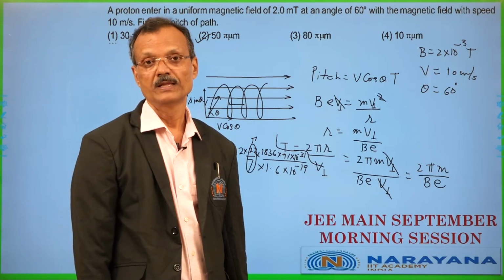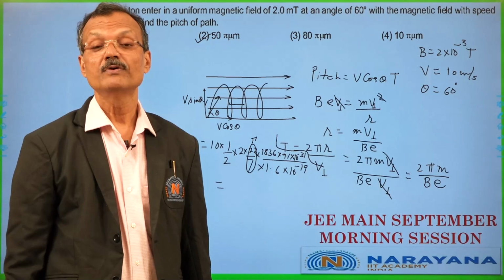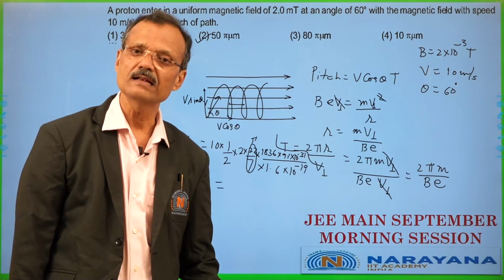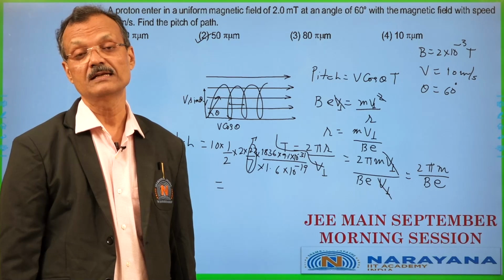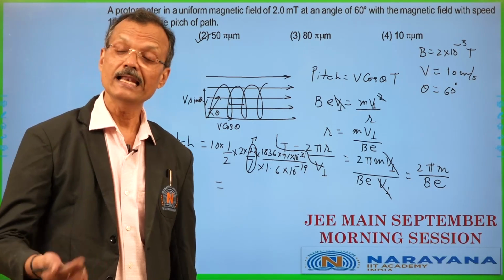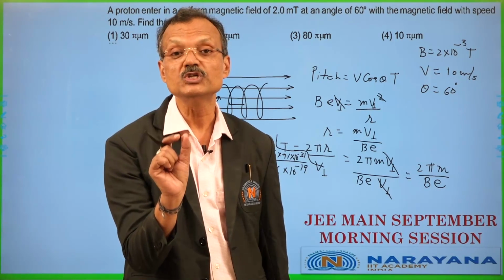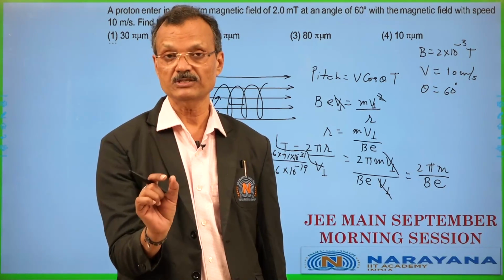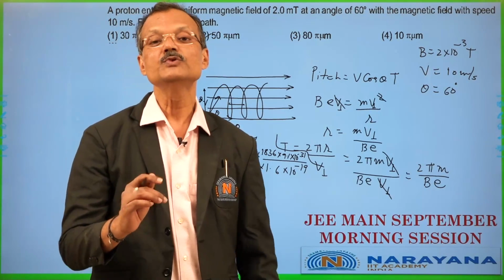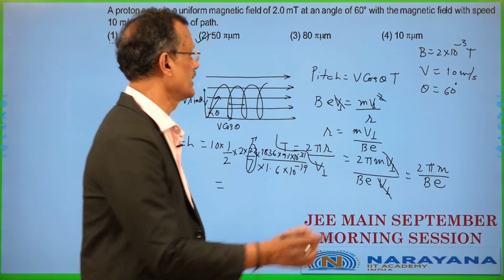Clear to you? The main part here is, if any charged particle enters at a certain angle in a uniform magnetic field, the track will be helical. And for a helical path, whatever the separation between any two turns is, that will be the pitch, which is equal to V cos theta into the time taken by the charged particle to complete one rotation.